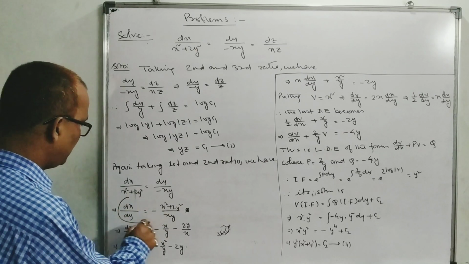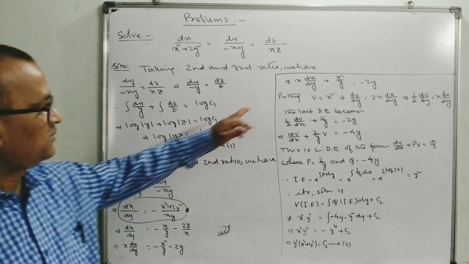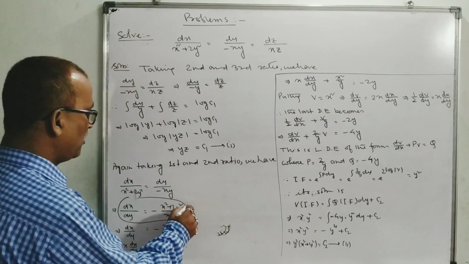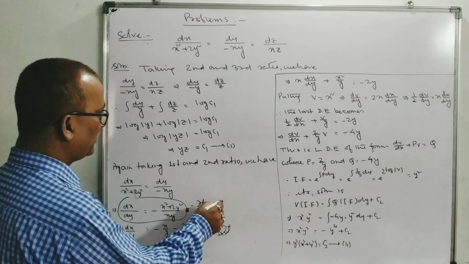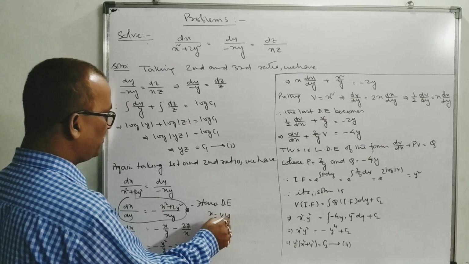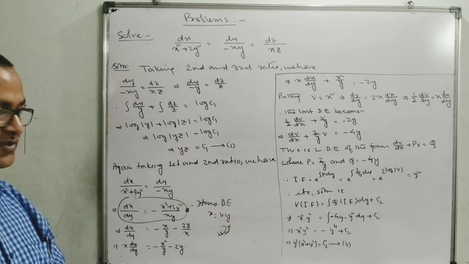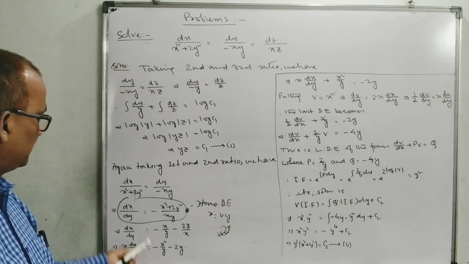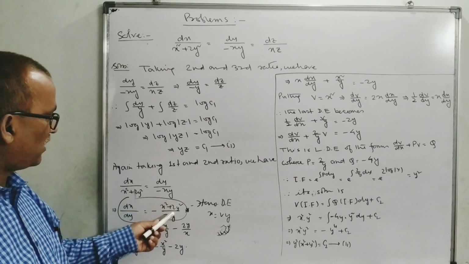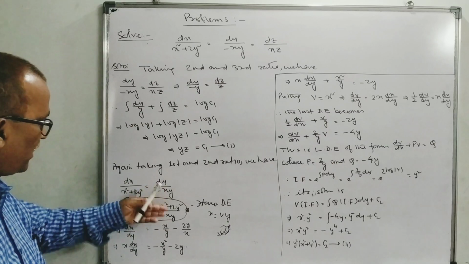From this equation, we apply here a special case of linear differential equation, but we can apply a homogeneous differential equation also. For that, you have to put x equal to vy, where v is a function of y. So this is homogeneous because the power is 2, 2, 1, 1, 2; the power in upper and lower parts is the same.